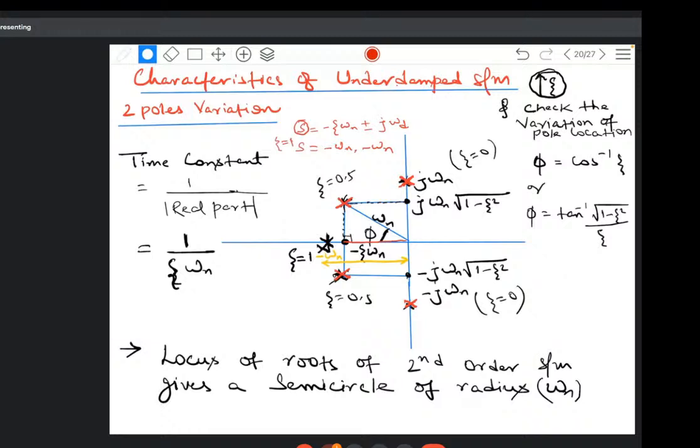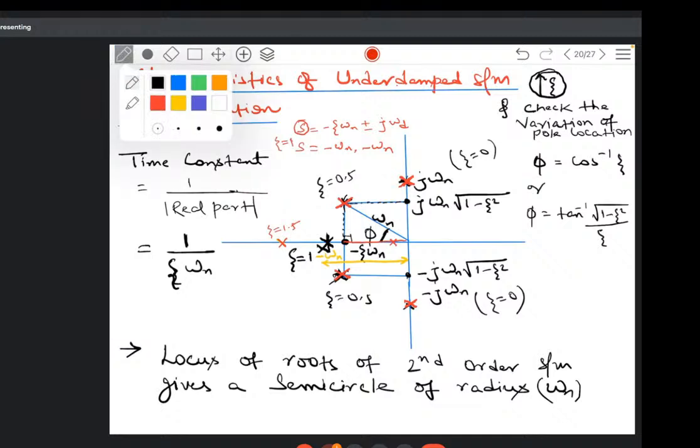So one pole will lie here and the other pole will lie here. One will be very small and the other will be very large. So poles are real and distinct or real and unequal for zeta greater than 1, say zeta equal to 1.5. Okay. So I hope you have understood it.